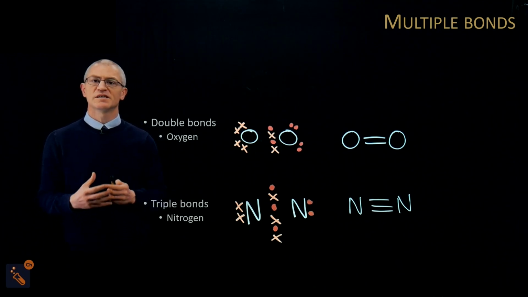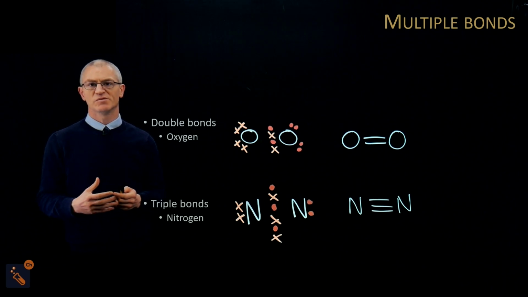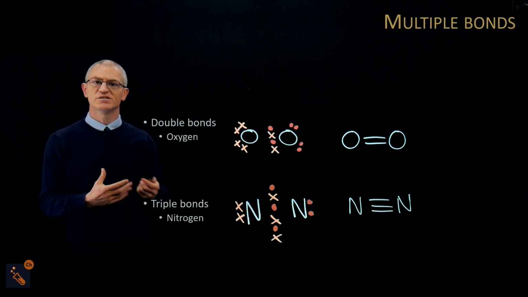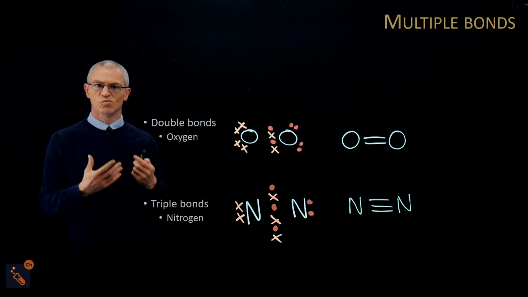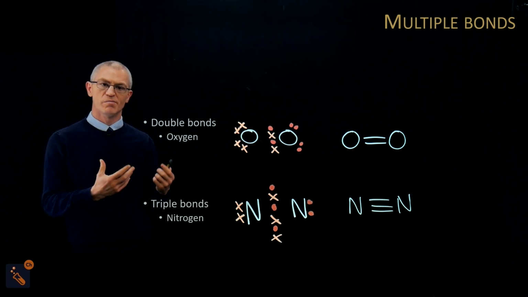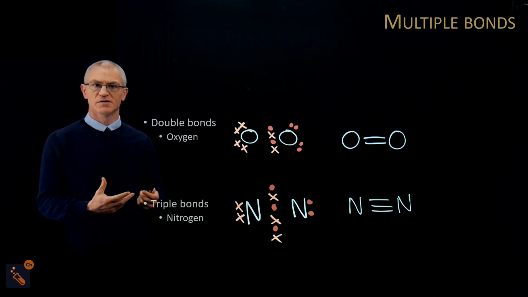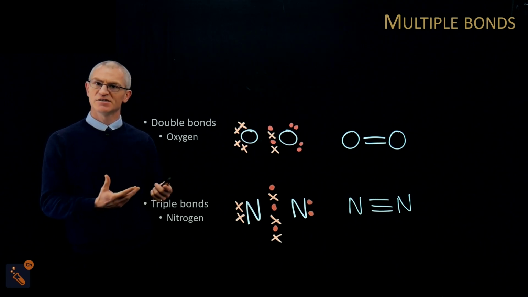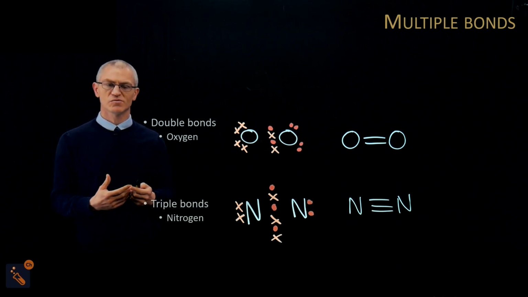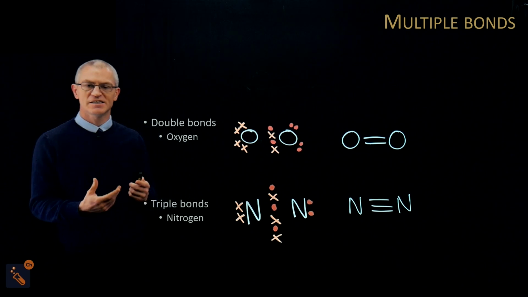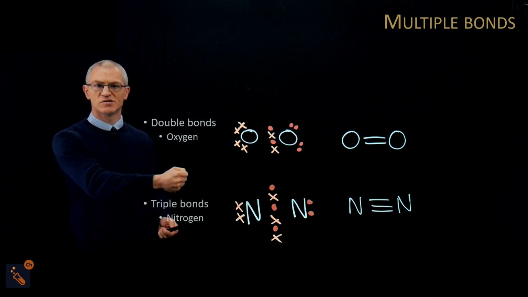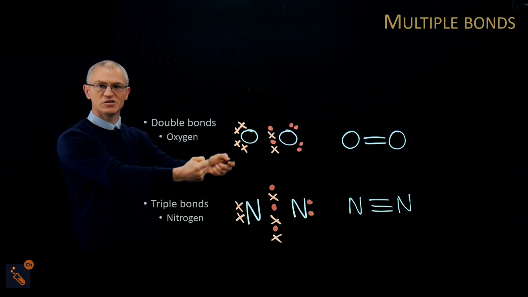Now, what's really important is average bond enthalpy. Average bond enthalpy is basically the amount of energy it takes to break 1 mole of bonds in the gaseous state. So basically it's an indication of the strength of the bond. All we're saying is a single bond, imagine if you're holding on to something with 1 hand, it's not as strong as if you hold on to it with 2 hands.